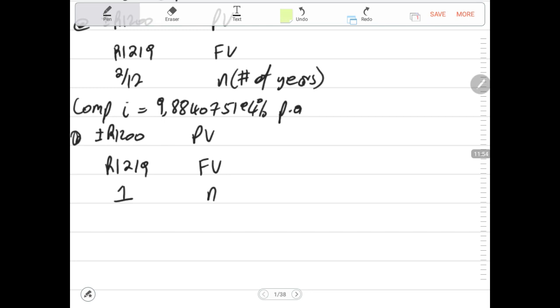So when we are calculating our interest, we need to take that into account and say, how many 2 months do we have in a year? Then whatever amount we get, we need to multiply it by the number of times we have in a year, which is the number of 2 months we have in a year, which is 6 times.